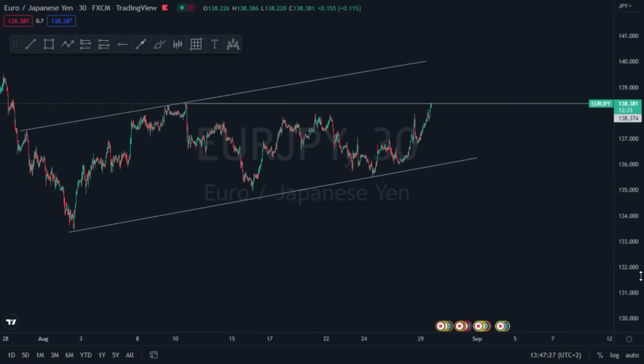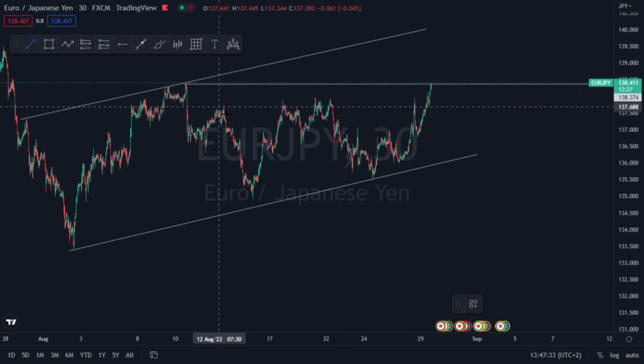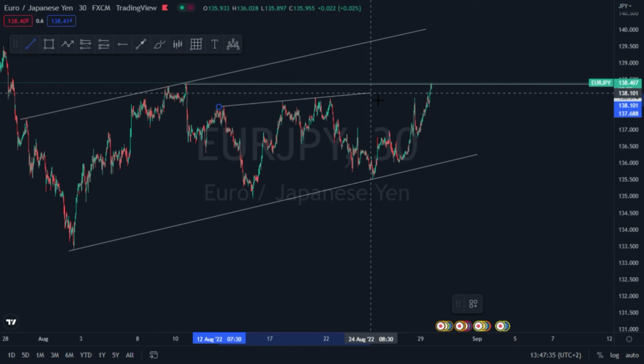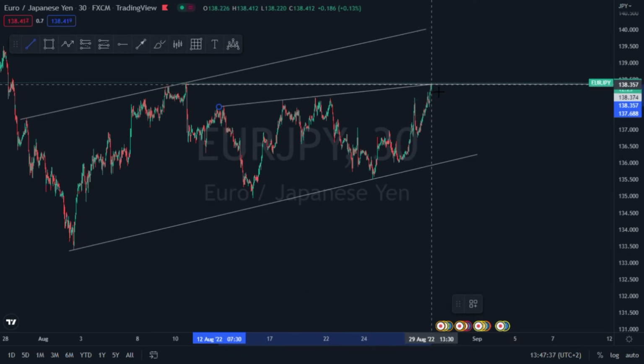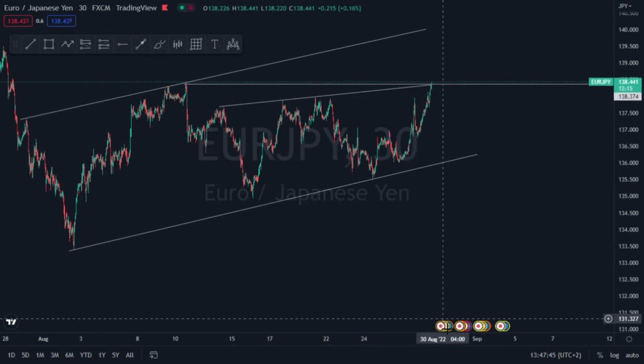I can already see that we also have that level right here. First touch, second touch. Now we are on that third touch, of which I think the market will violate, because the market is already moving to the upside.